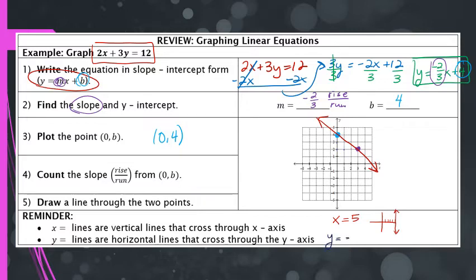So let's say I have y equals negative 1. I would go to negative 1 on the y-axis, and then it would be a horizontal line that goes through the y-axis. So it's the opposite of what your axes are. Usually your x-axis is horizontal, but an x equals line is vertical. So it's the opposite of what you think.